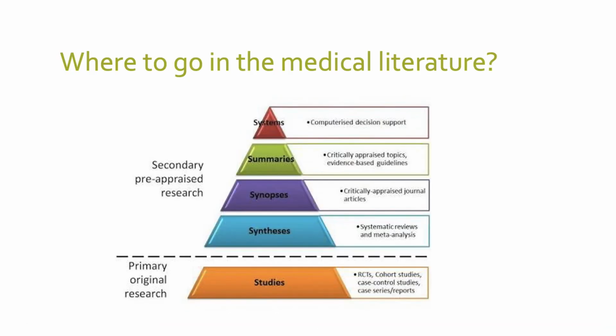Where are we going to go in medical literature? There is a hierarchy for evidence-based medicine resources that should be followed by physicians when they search for an answer to their formulated questions. The hierarchy is presented in the slide graph as a pyramid. First, physicians, if possible, should consult clinical decision support systems.